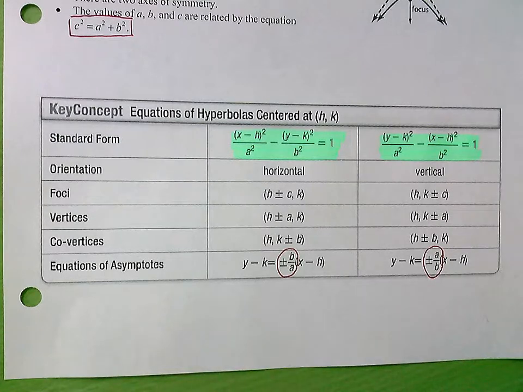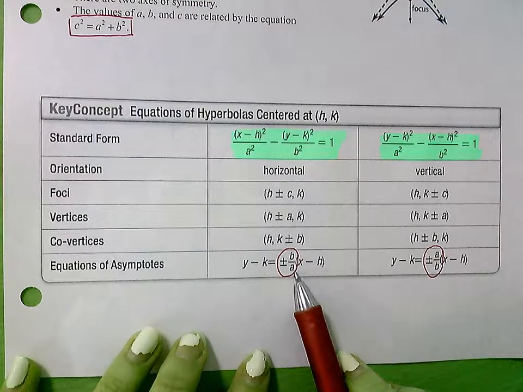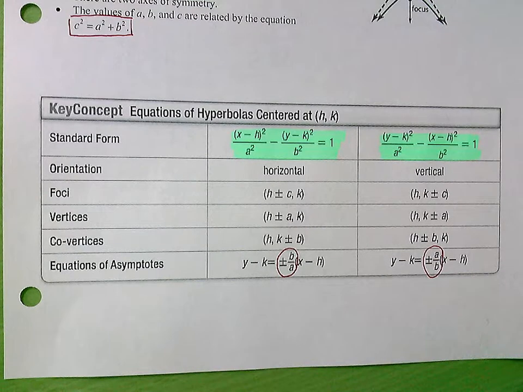For some of these you may be given the equation of the asymptote, and then you can just look at that slope and determine what a is and what b is.